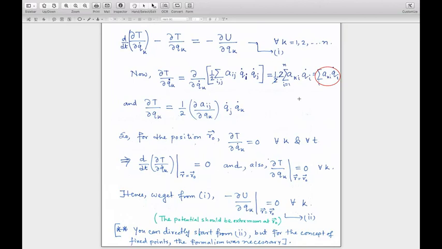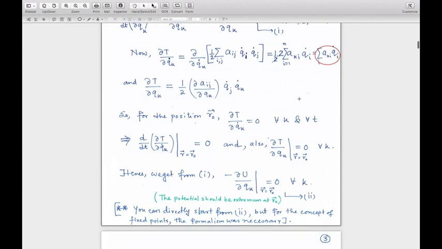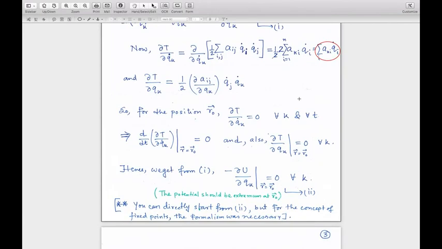If it is 0 at time t equal to 0, it will remain 0. So under the condition that the initial generalized velocities are assigned to be 0 at r0, this term will be equal to 0. Just check this. This is a small but good exercise.